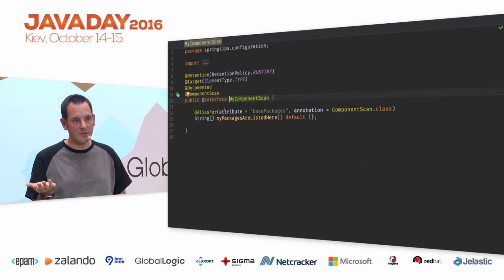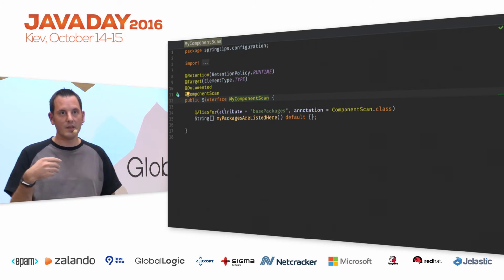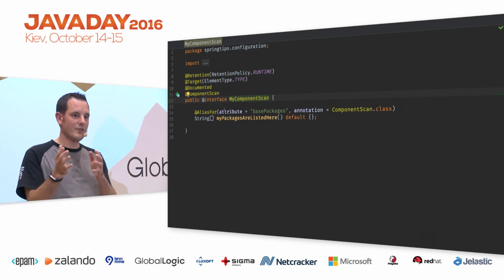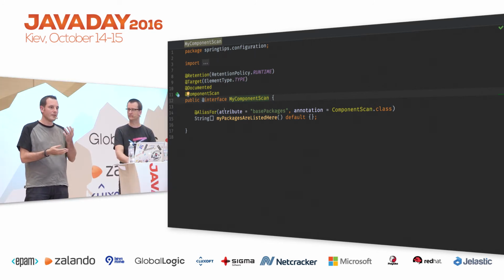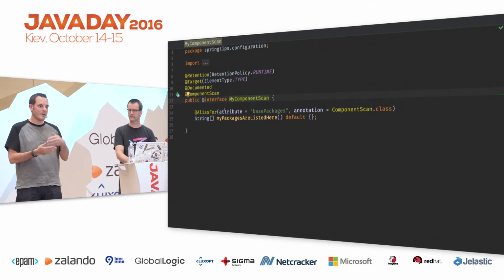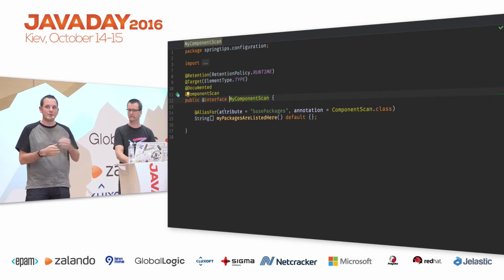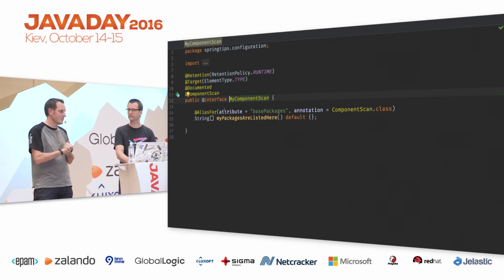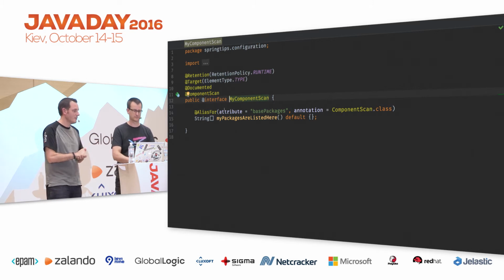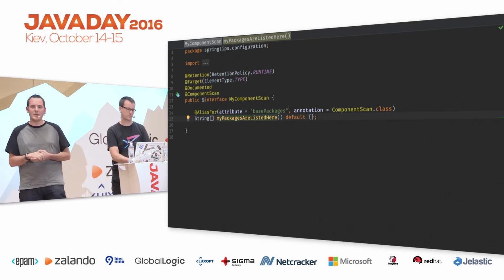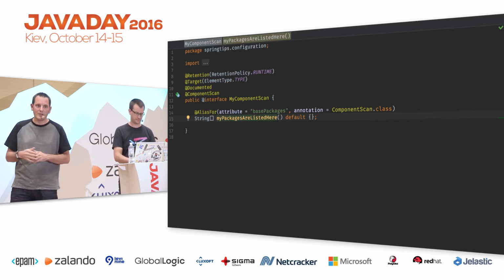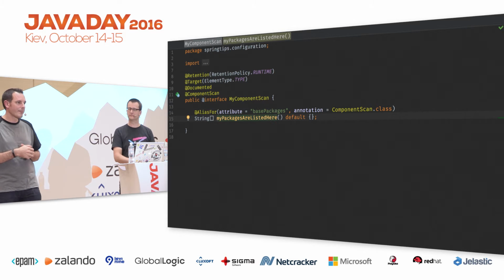What's nice about this meta annotation story is that it's not because you're crafting a dedicated annotation that you can't customize it anymore. So you can expose certain properties that basically map to the one that you are meta annotating from. So in this case, component scan has a base package, I think. Yes, the base packages attribute where you can specify the list of packages to look for.